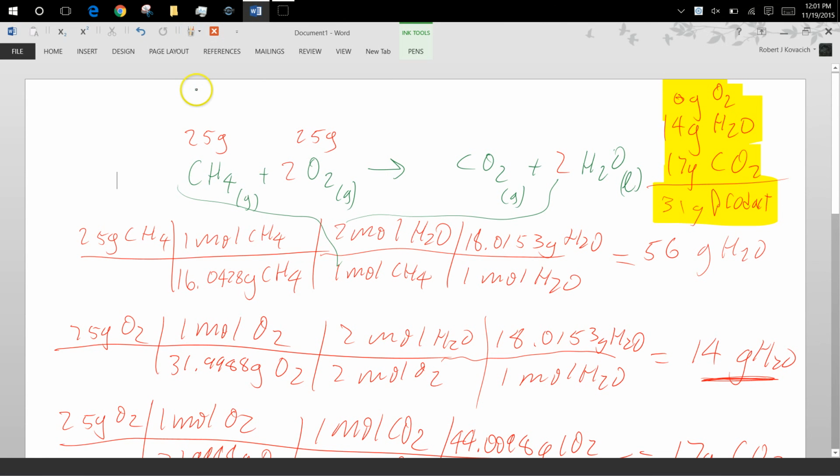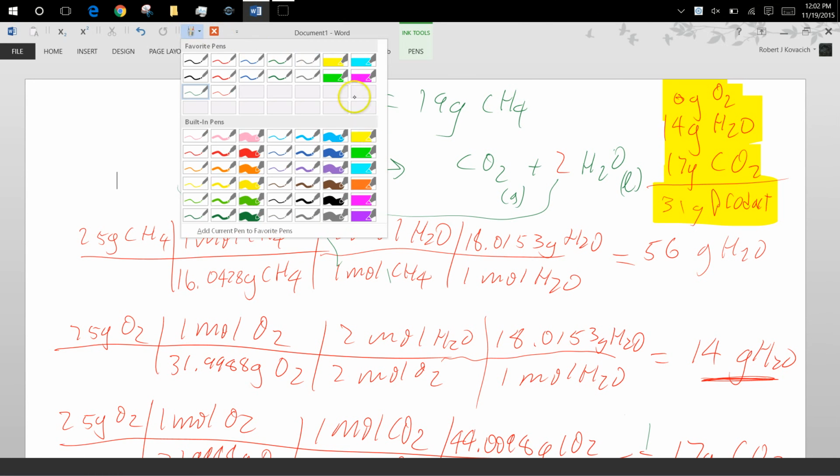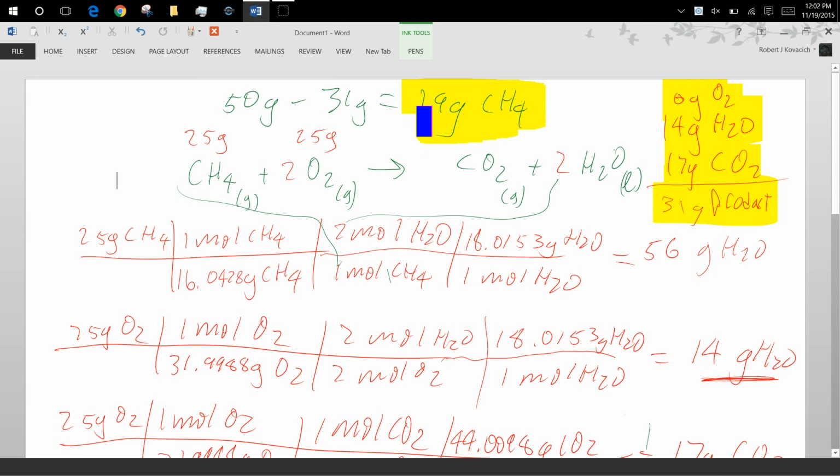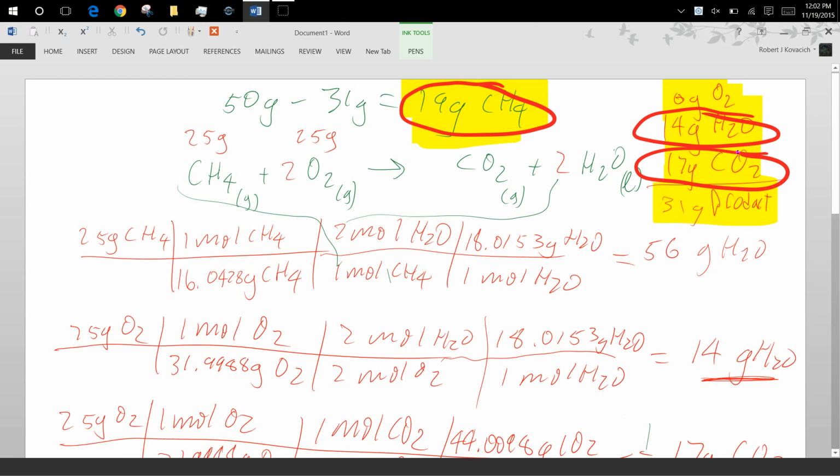Since 50 grams went in and I've only got 31 grams of stuff made, that means there's 19 grams of leftover stuff, and the 19 grams of leftover stuff is my unreacted methane. So in my container, I also have 19 grams of methane gas. So the answer to this question would be 19 grams of methane gas, 14 grams of water, 17 grams of CO2, and 0 grams of oxygen.